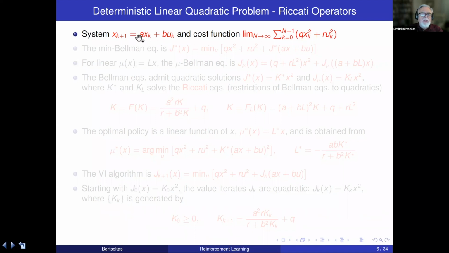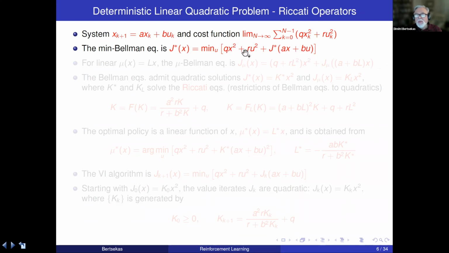Okay, so this is the system equation. This is the quadratic cost per stage. And the min Bellman equation is obtained by the formula from the preceding slide. This is the optimal cost to go from the next state.